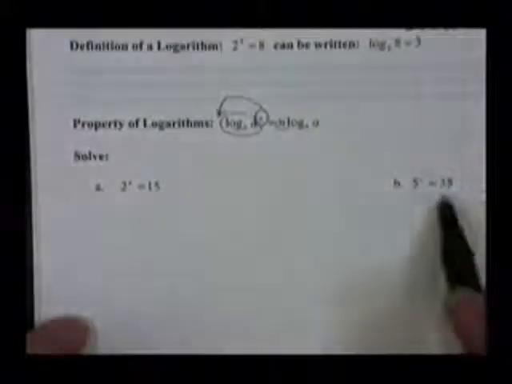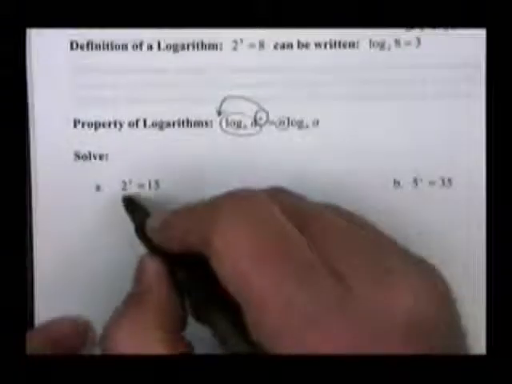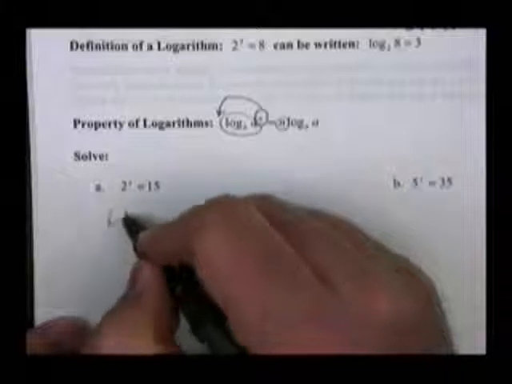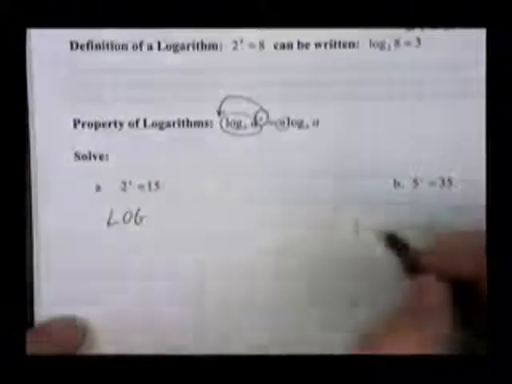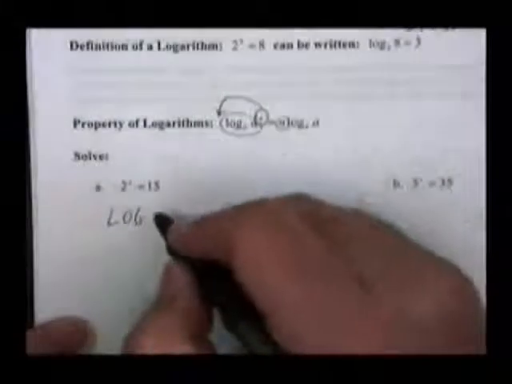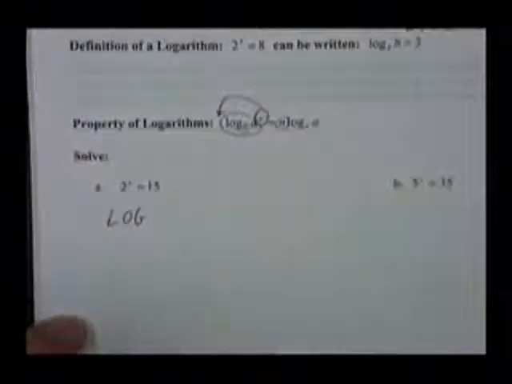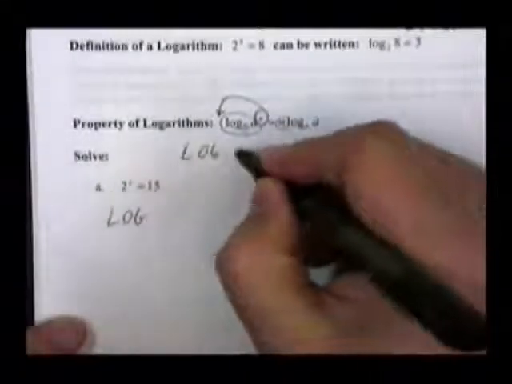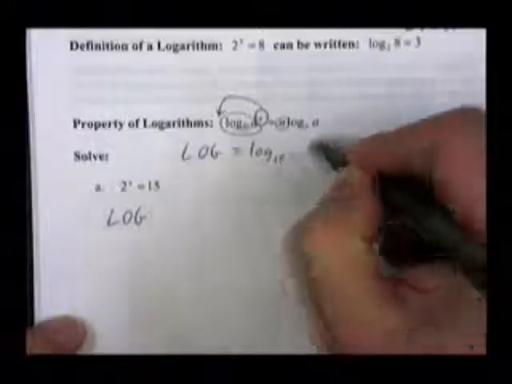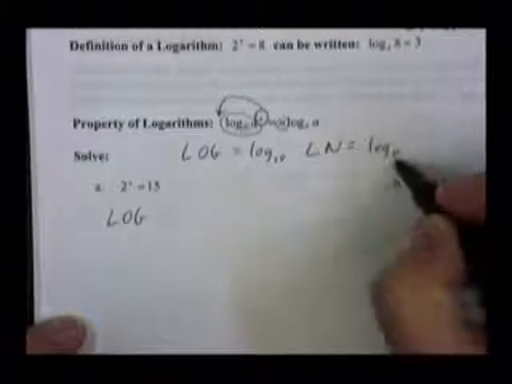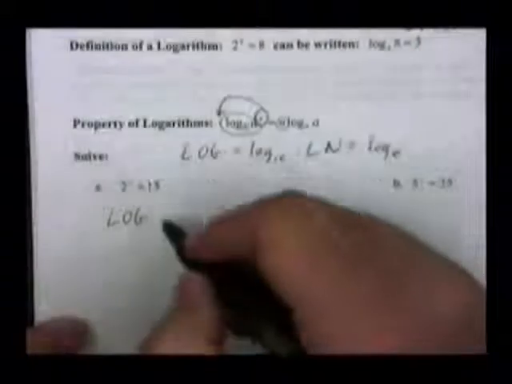So how would we solve these types of logarithms here? Well, if we have 2 to the x equals 15, I would take the log of both sides. For this one I'm going to use log, for the next one I'm going to use ln. And what that means is we just have logs with different bases. Okay, log is equal to log base 10, and ln is log with the number e as the base.